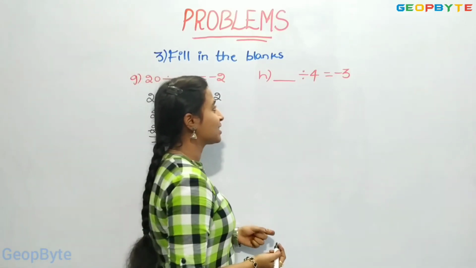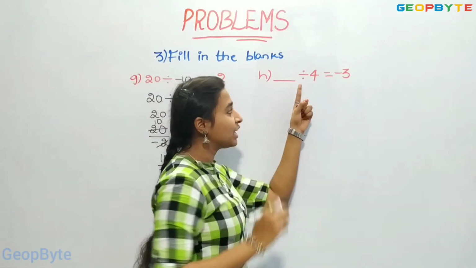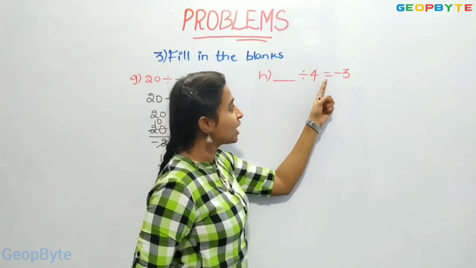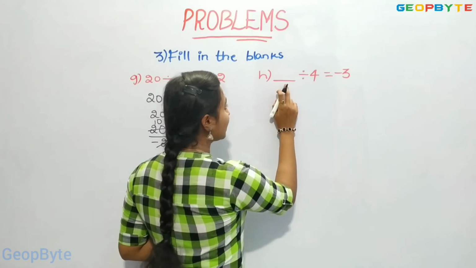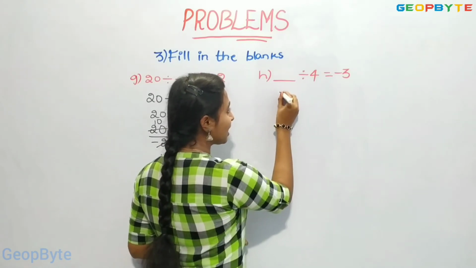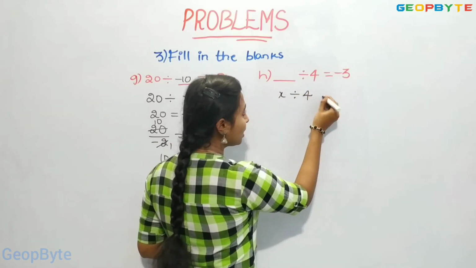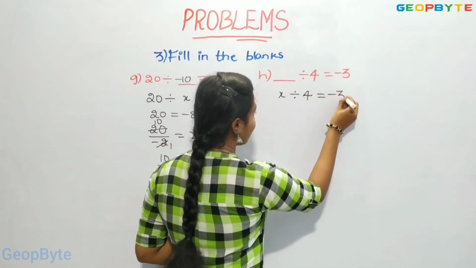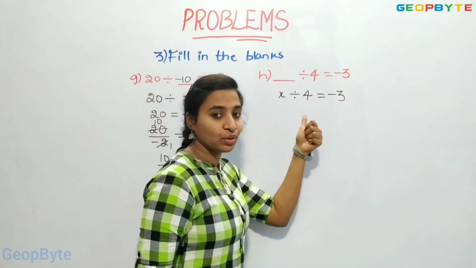Now, let us see the h bit. We have dash divided by 4 is equal to minus 3. If you see, we will assume this missing integer as x. x divided by 4 is equal to minus 3. Now, we have dividend sign for 4.